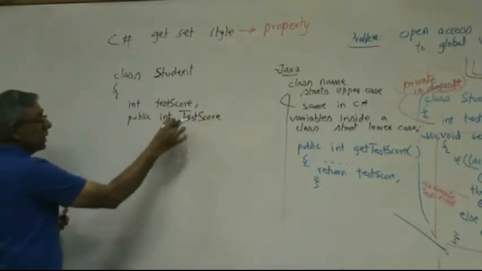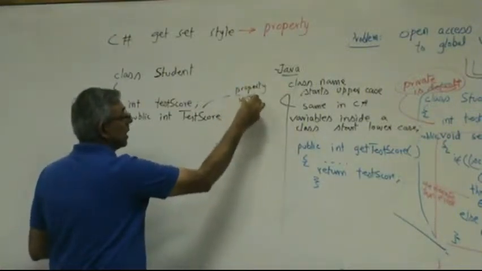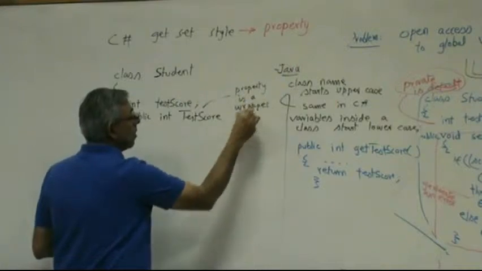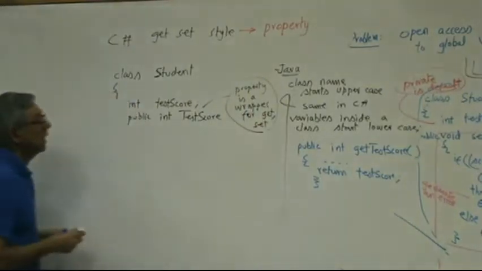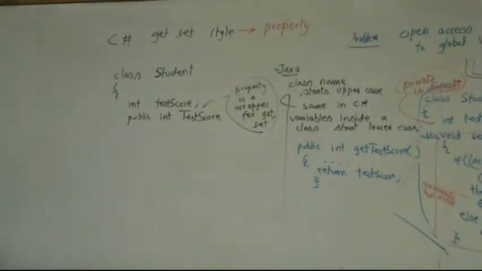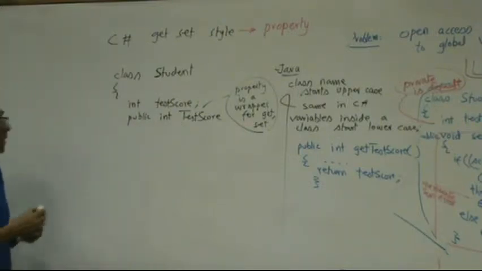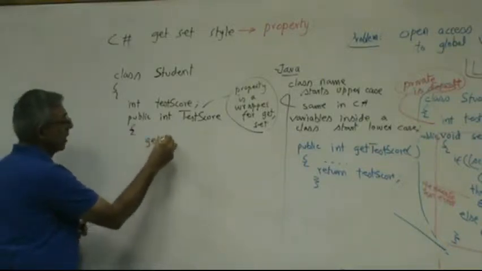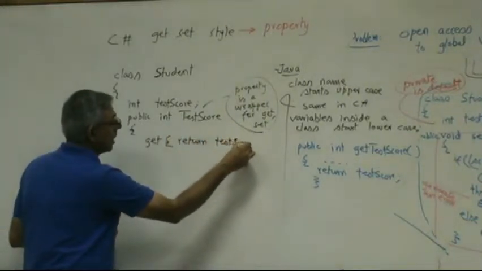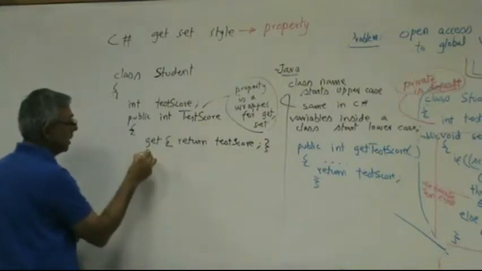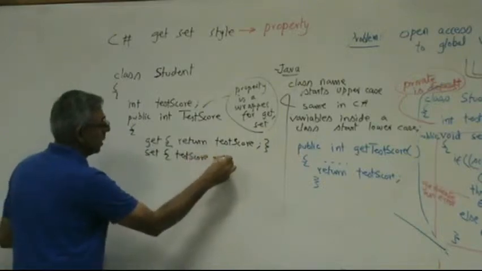This is called the property, and a property is basically a wrapper for get and set. The corresponding property for the private variable starts uppercase. Then there's a get part where we simply say return the private field testScore. There's a set part where we'll say testScore equal to value.